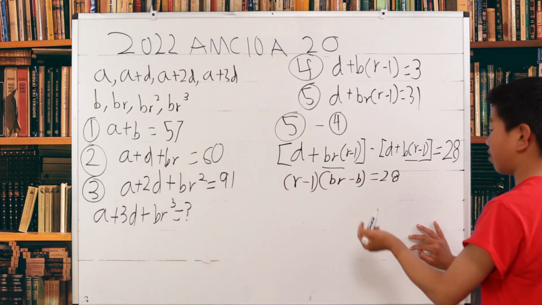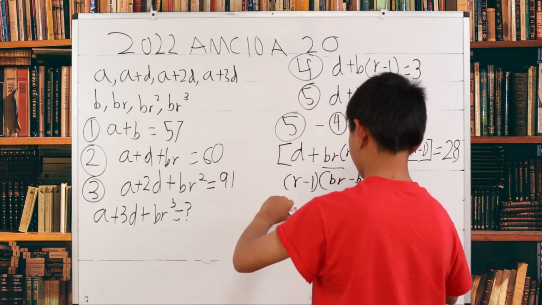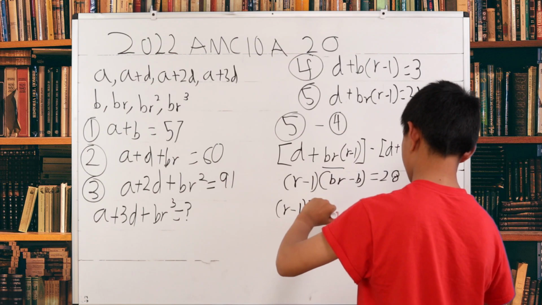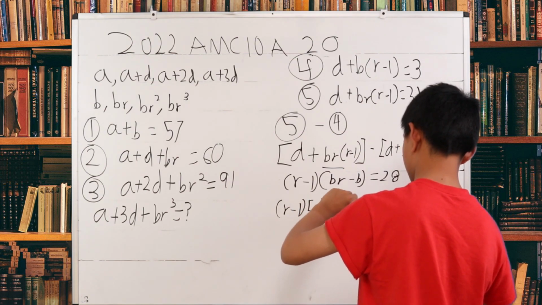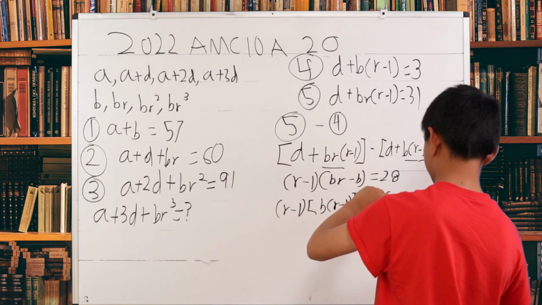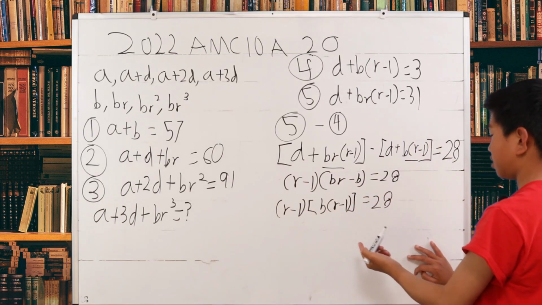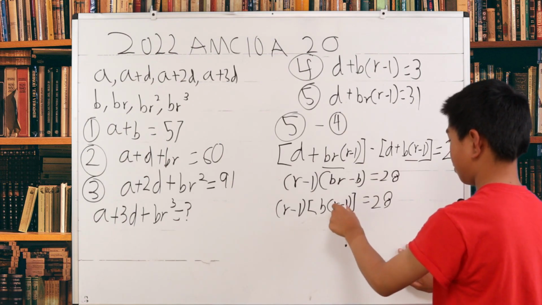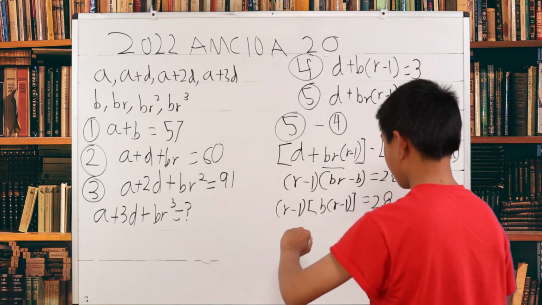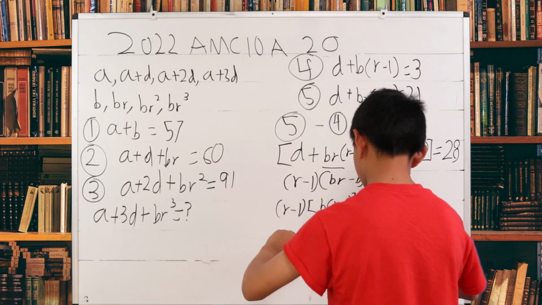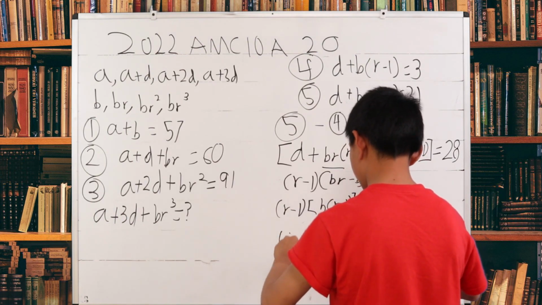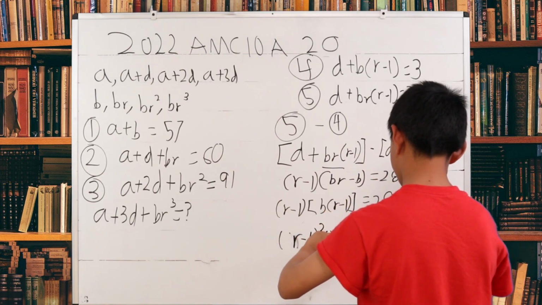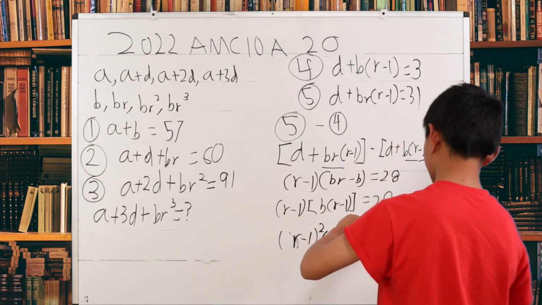We can now take out a B term here, so R minus 1 times B times R minus 1 is equal to 28. We now see that this can be simplified further because there are two R minus 1s, so this is just R minus 1 squared times B is equal to 28.